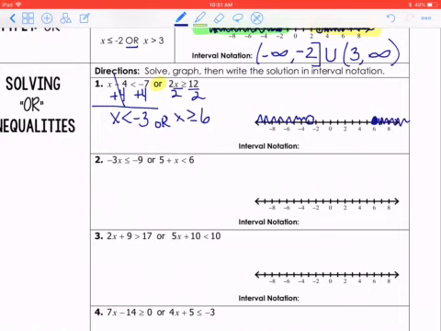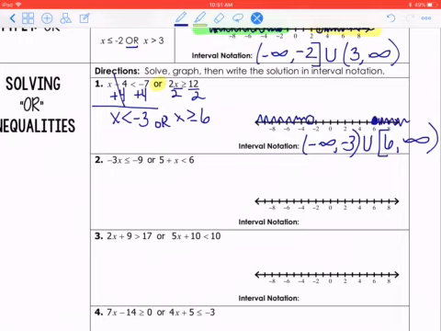One for the negative 3, so we know that's going on forever at negative infinity. It's stopping at negative 3, but because I have an open circle, it's going to be a parenthesis. It is brought together by a 6, closed circle, bracket, and that goes on forever.